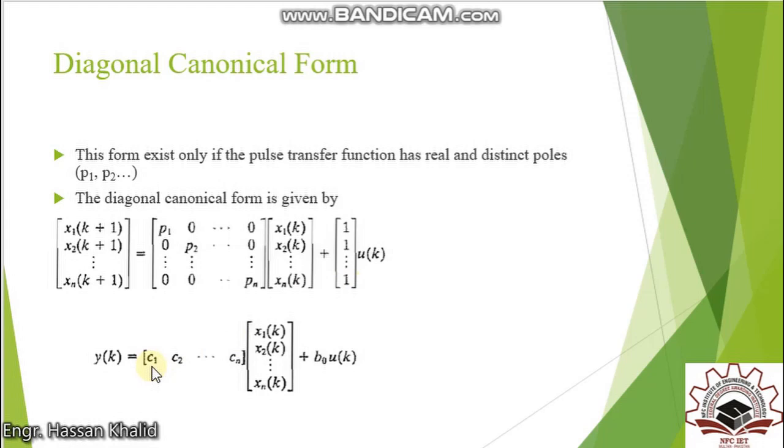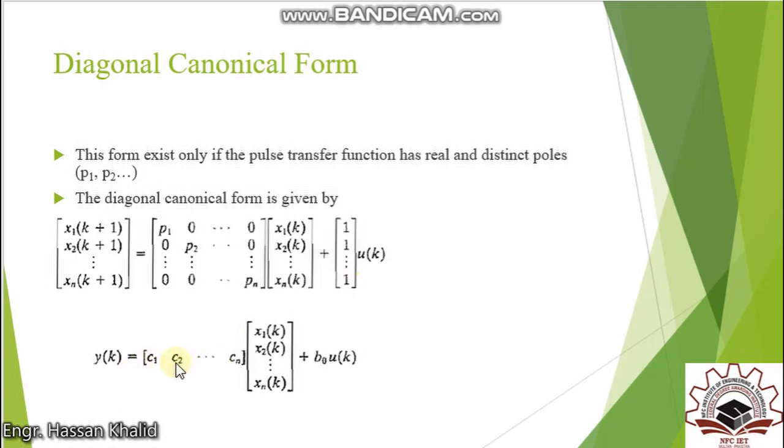And if you want to obtain the output matrix, for that purpose you need to convert the impulse transfer function into the form of a partial fraction, just like A over z plus pole 1 plus B over z plus pole 2.